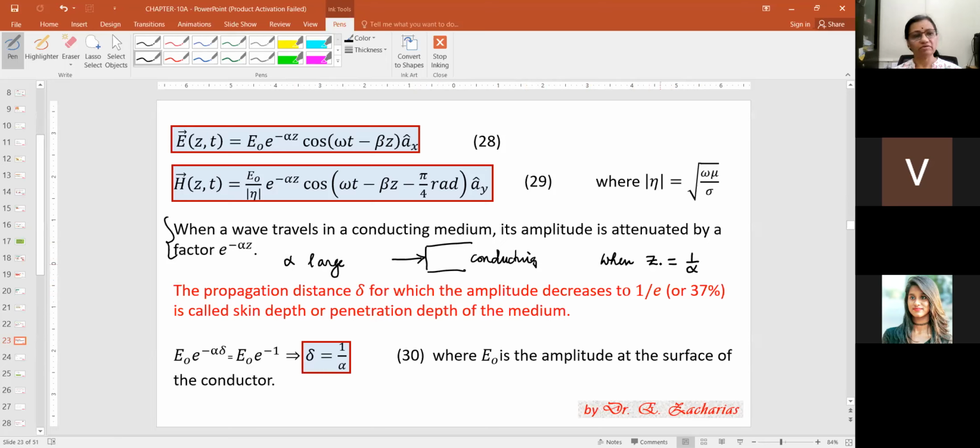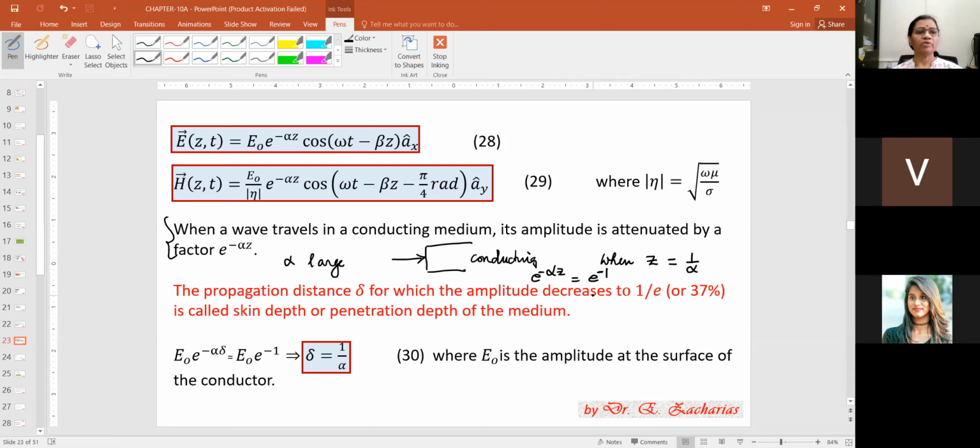Therefore, when z becomes equal to 1 by alpha, because alpha is large, z is small. So when z becomes equal to 1 by alpha, you will get e to the power of minus alpha z as e to the power of minus 1.